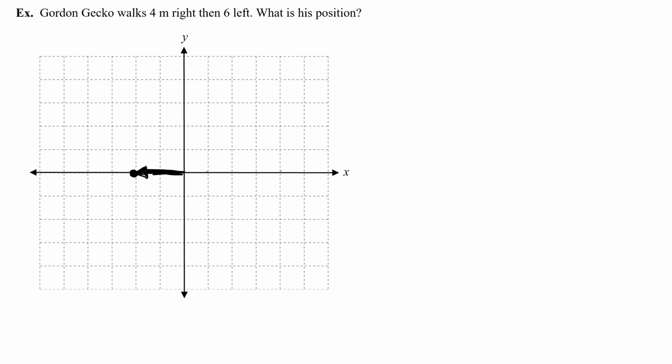Now, this isn't really at an angle, so I can see that this position vector, which again we would call r, has a magnitude of 1, 2, and that angle that it makes with the positive x-axis is 180 degrees. Now, because this is really such a simple idea, you could also just say that his position is 2 meters left. It's pretty simple to verbalize that.